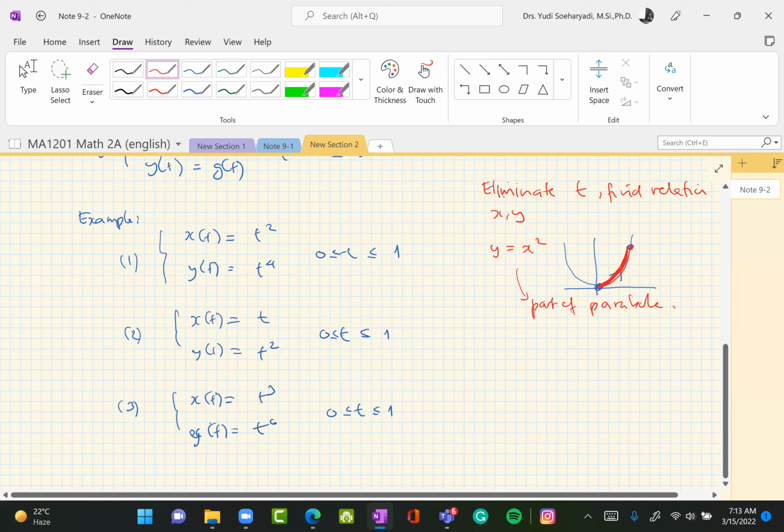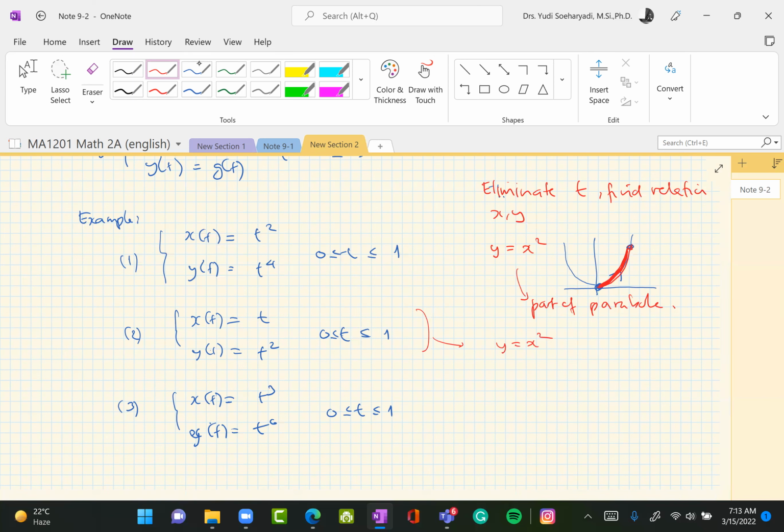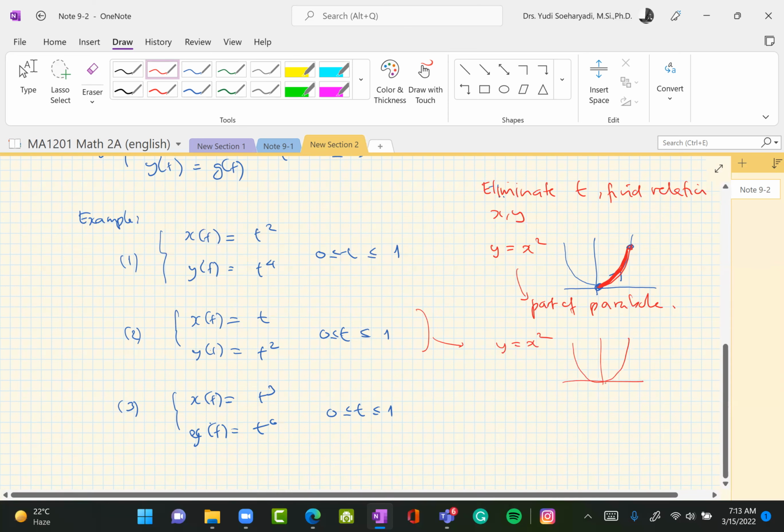And here, if you solve this one, you see this is also y equals x squared. So this is also a parabola, going from the origin to 1, 1. Okay, and going in this direction.